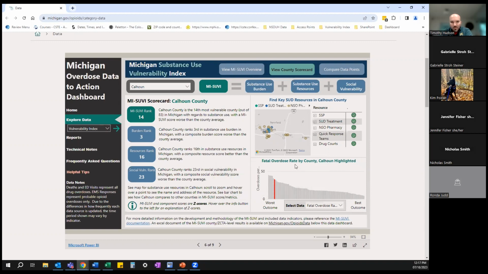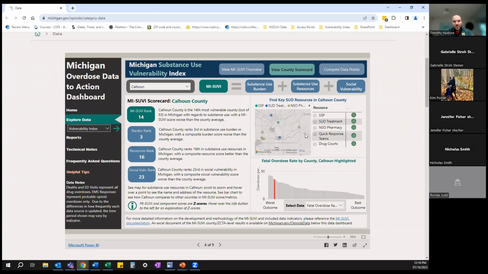Up here in the top right corner of this page, we also have a snapshot of the SUD resources that are available in the county. The map highlights the location of syringe service programs, publicly funded SUD treatment sites that are registered with SAMHSA, and pharmacies that participate in the naloxone standing order.